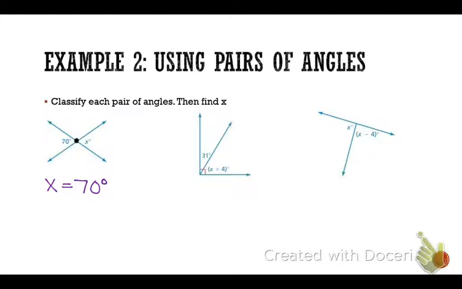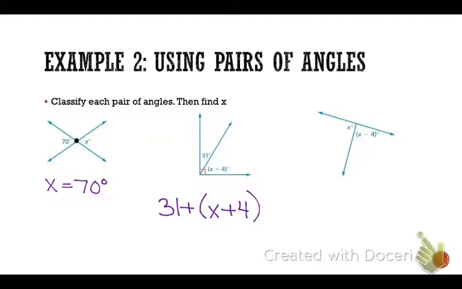What kind of angle relationship do you think is happening on the next one? What do you guys think? That red box might give it away. It's complementary, right? Because the red box means 90, which means that these two angles must add up to 90 degrees. So we can say 31 plus (x plus 4).